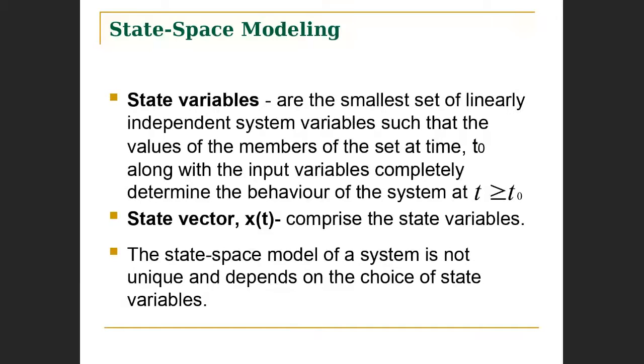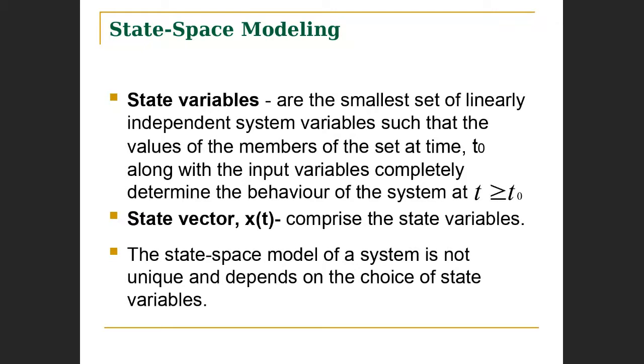So in a similar way, what we're saying here is that for a system, there exists a certain set of linearly independent variables. You want the minimum set. Tell me the minimum number of characteristics. Just give me the minimum. Don't give me everything.